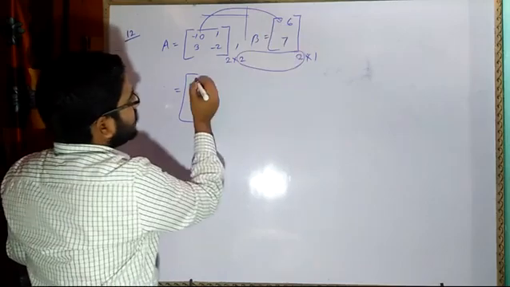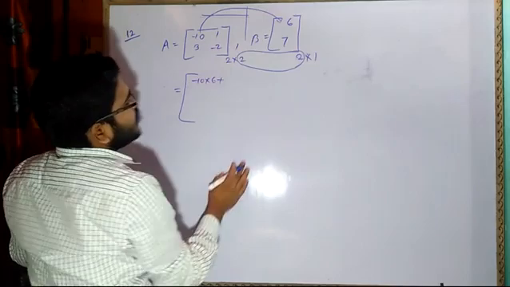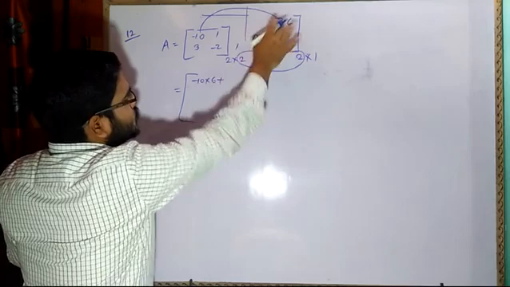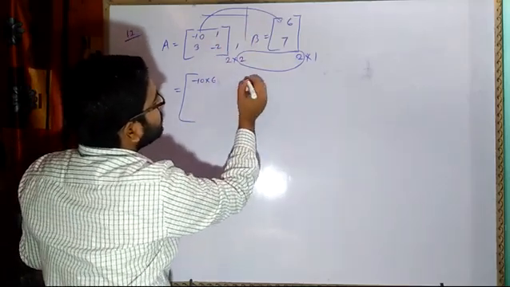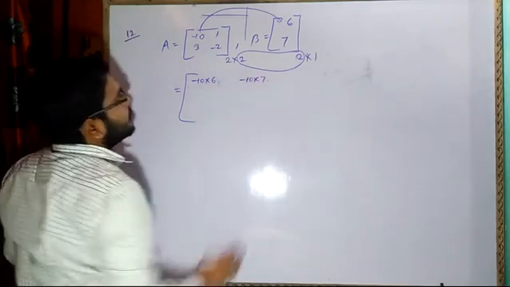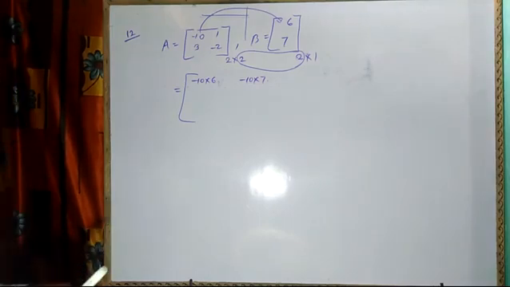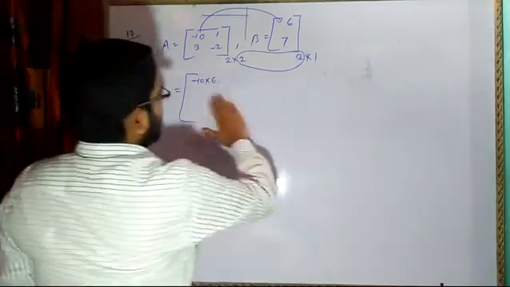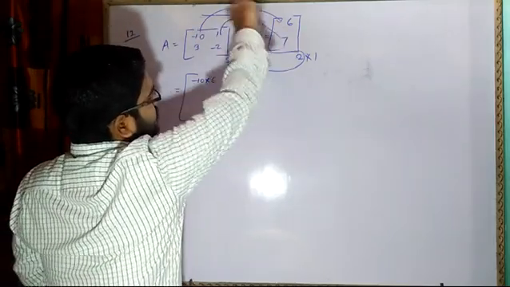So 10 into 6 plus 1 into 7. 10 into 6, then we have 10 into 7. Okay, this will be the matrix multiplication of the first element. 10 into 6 and then 1 into 7, like this.